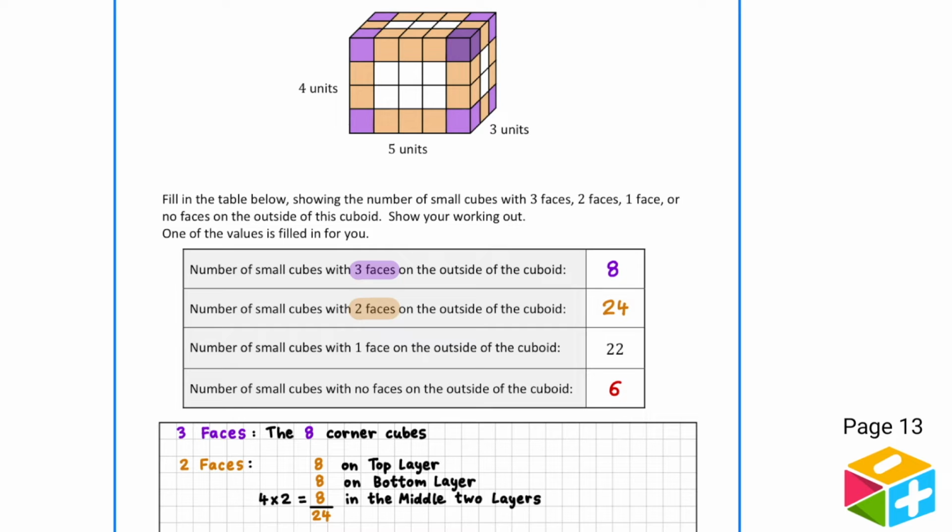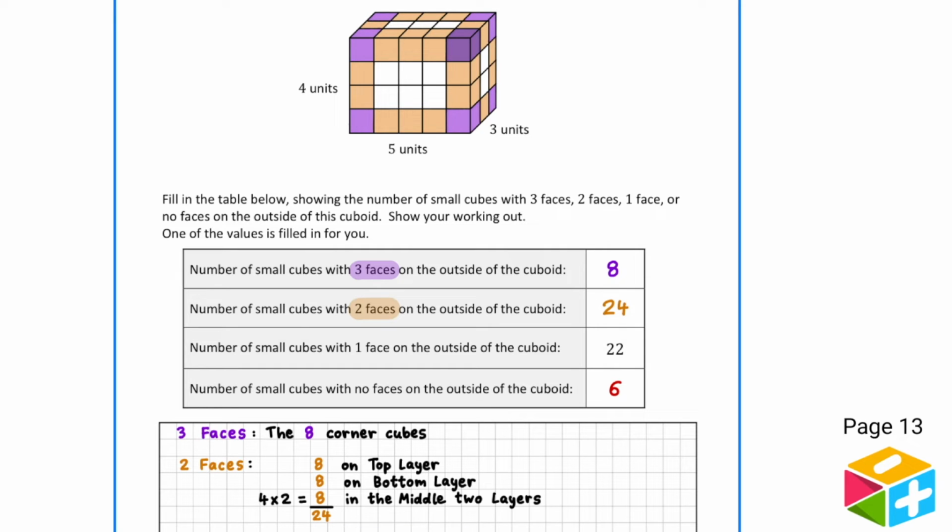By symmetry, there'll be 8 orange cubes on the bottom layer. Focusing on the 2 middle layers, you'll notice we have orange cubes stacked in towers of 2. 3 of these towers are visible: 1, 2, and 3. There'll be a 4th tower hidden behind view below this back left corner.